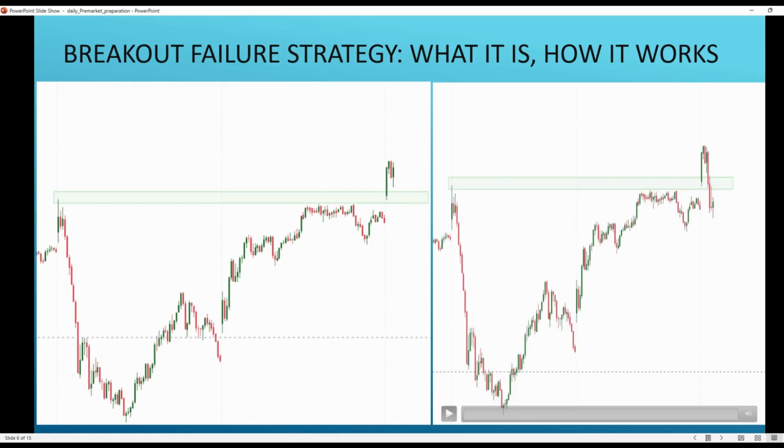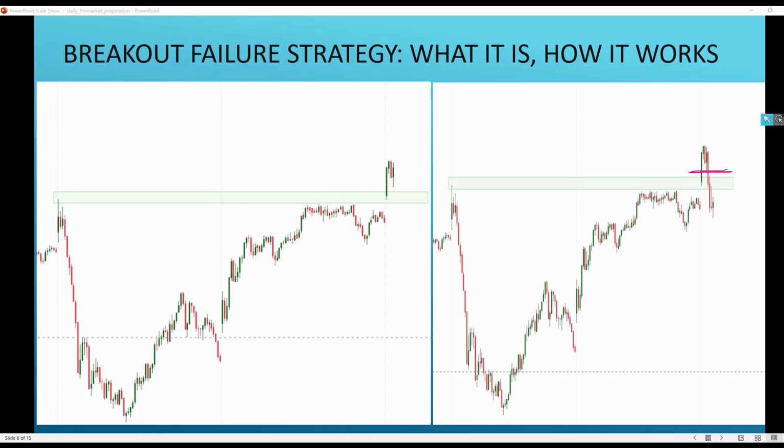Now this is the Nifty chart, the breakout failure. What we are going to do is mark this as a failure area, because this is the green candle low. The moment it comes there, initiate the trade.